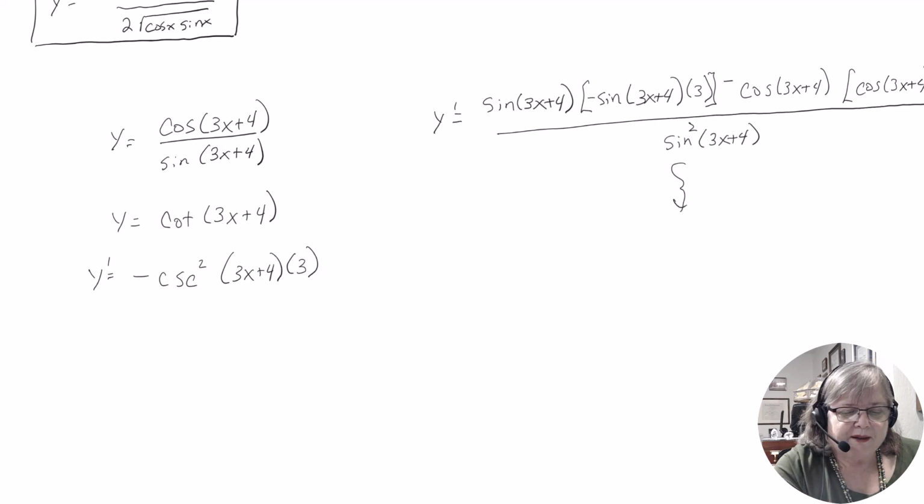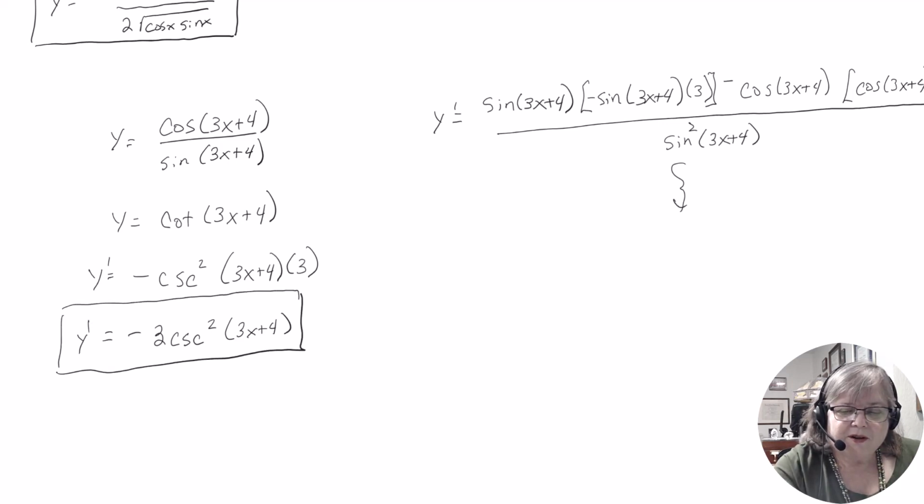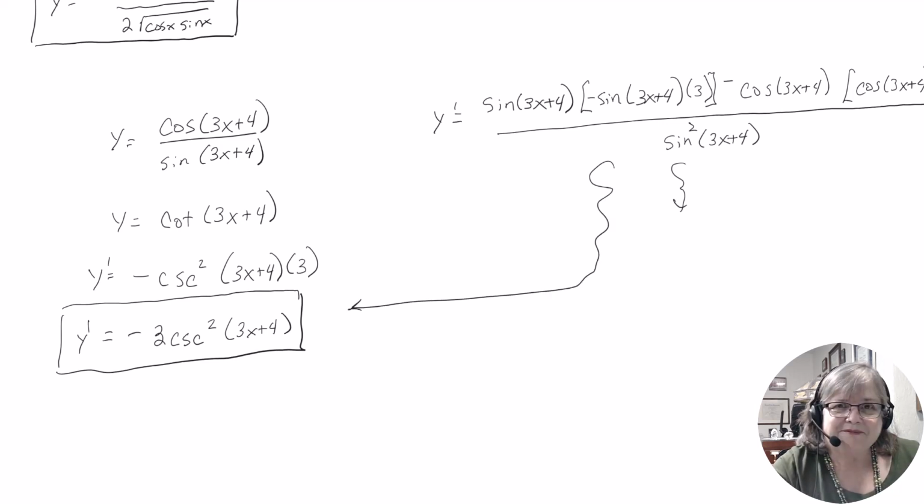Loop back in and take the derivative of the inside, and you'd have minus 3 cosecant squared 3x plus 4. Or you can do all of this work and get over there. And it took me quite a lot of space and 1, 2, 3, 4, 5 lines to get there. Okay?